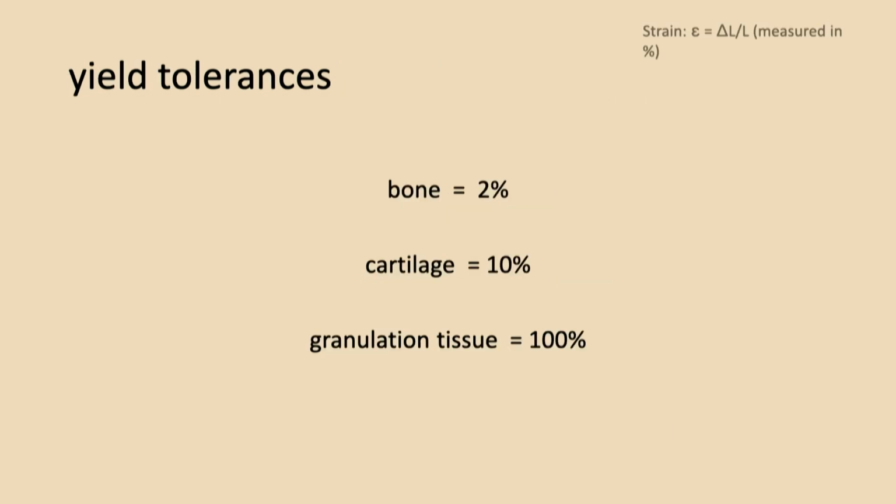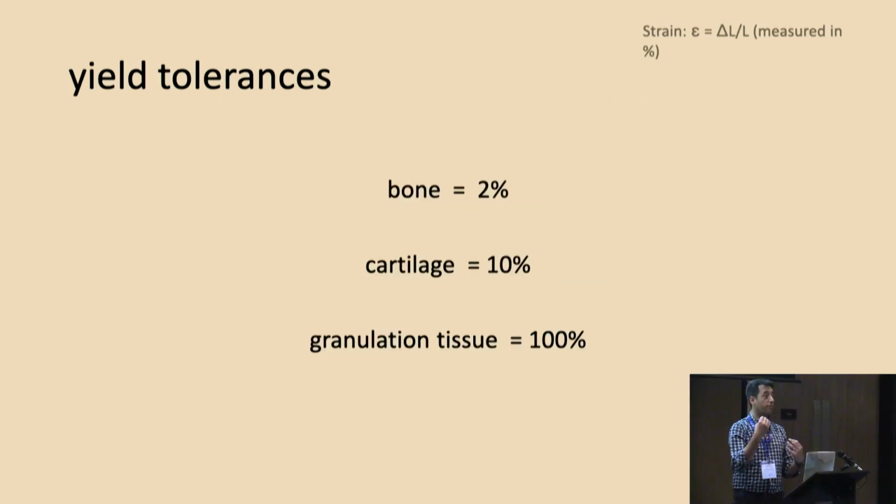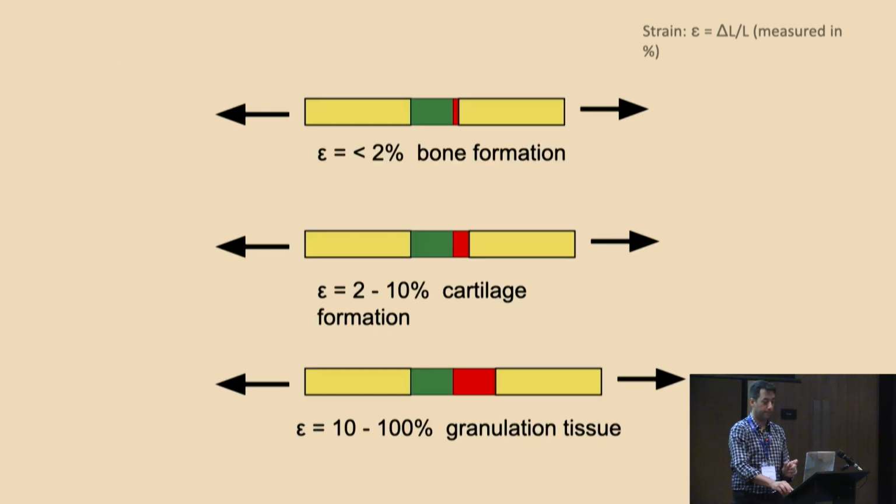So if we look here, bone has a yield tolerance of up to around 2%, so any greater movement than 2% and bone cannot be formed, and then cartilage at 10%, granulation tissue at 100%. So there is always a tissue being made, but the type of tissue is dependent on the amount of movement that occurs at the fracture site, the strain.